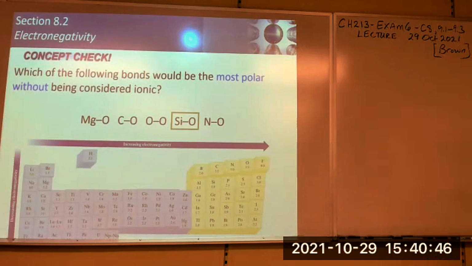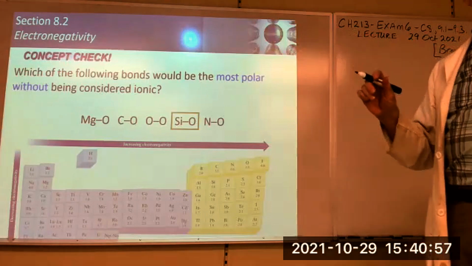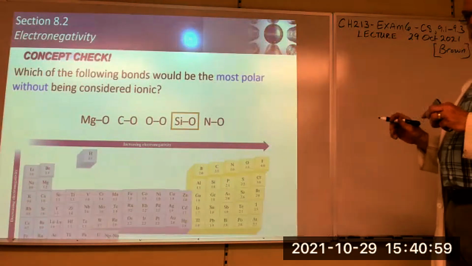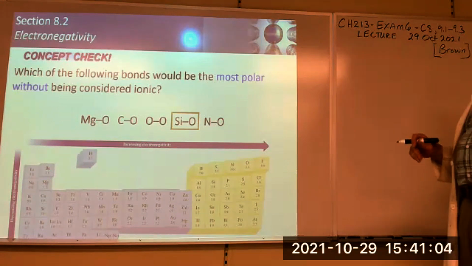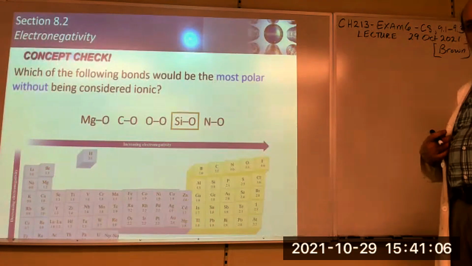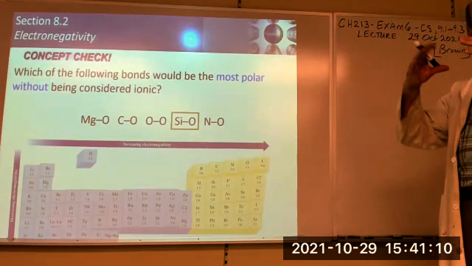Do values apply with molecules too, or just base particles? We're just talking about individual bonds right now. But when you get to more complex molecules, you take the polarity of the bonds into consideration, plus their geometry, how they're arranged in space.